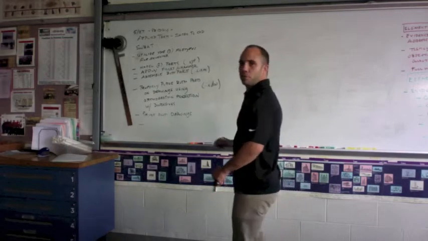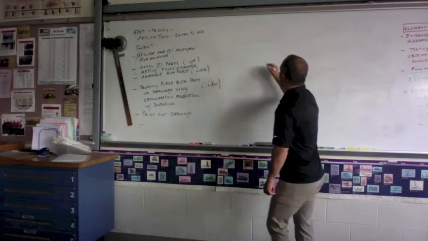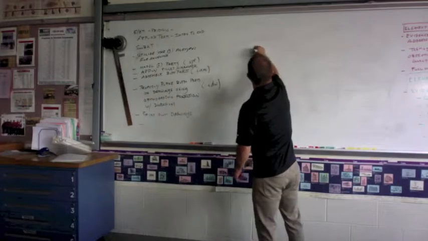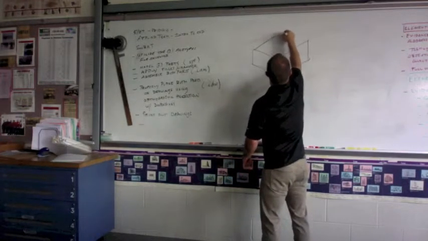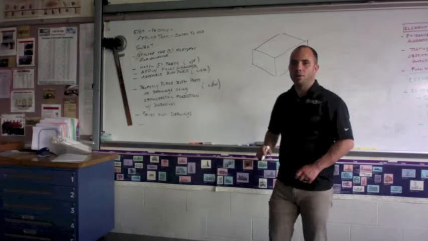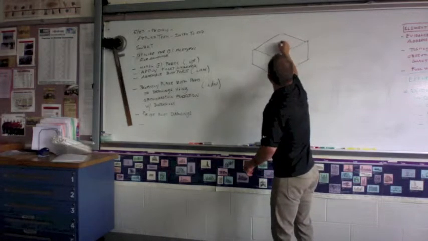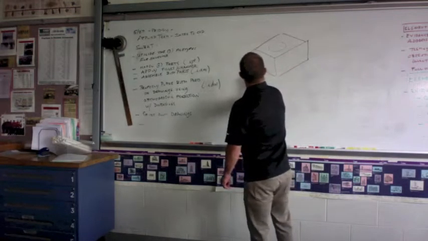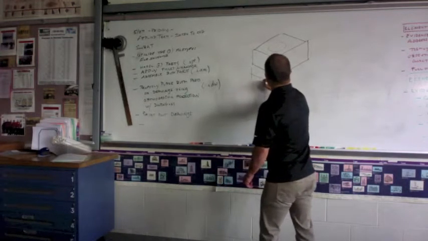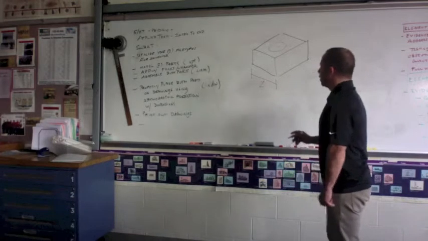So I'm going to sketch the parts up here today. We're going to do a rectangular prism, and under that rectangular prism, there's going to be a hole. That rectangular prism is going to be 2 inches in width.